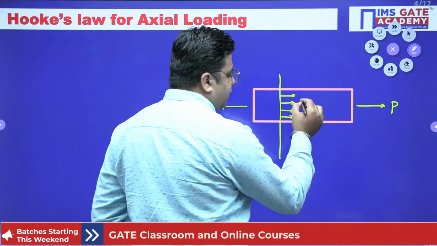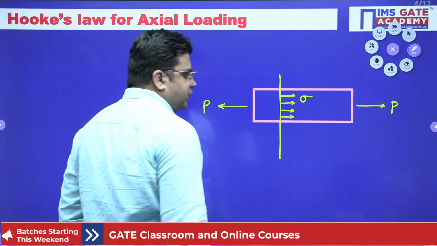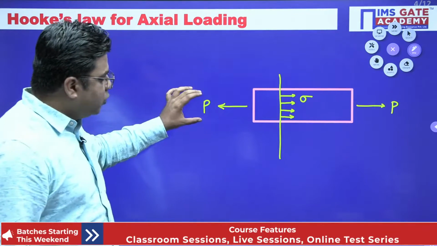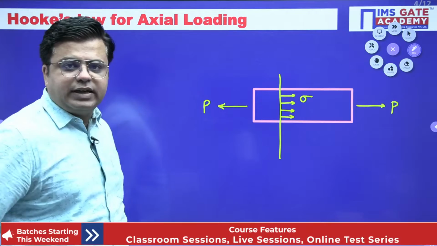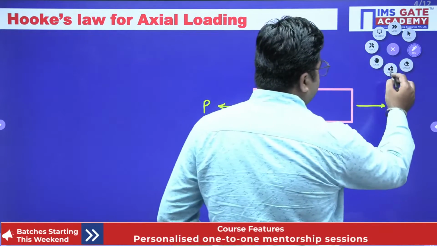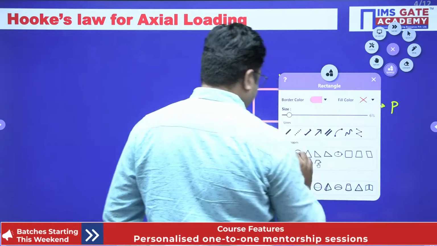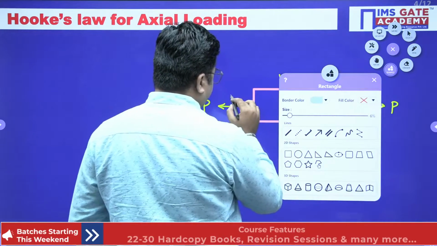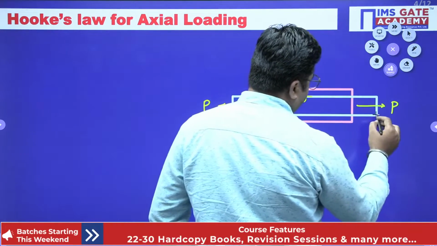Due to this internal resisting force, internal stress will develop inside this material. Also, due to this load, there will be some elongation happening to the bar. So this is the deformed shape of the bar.